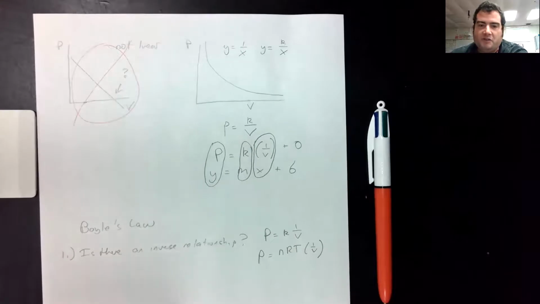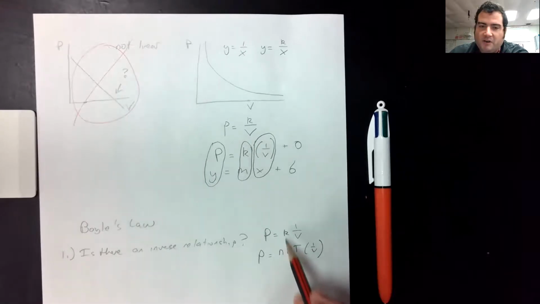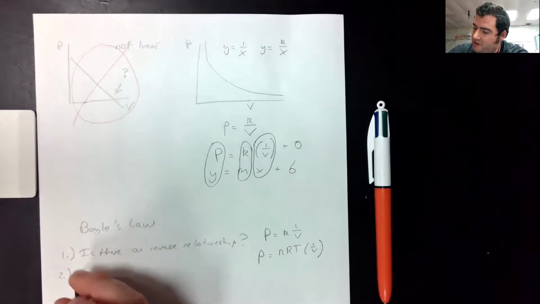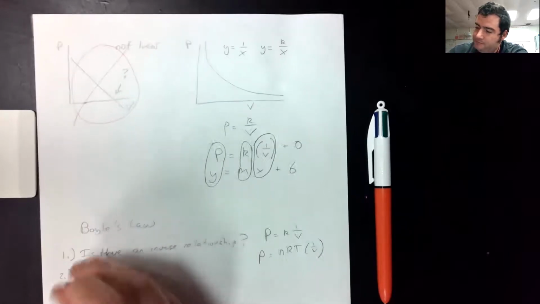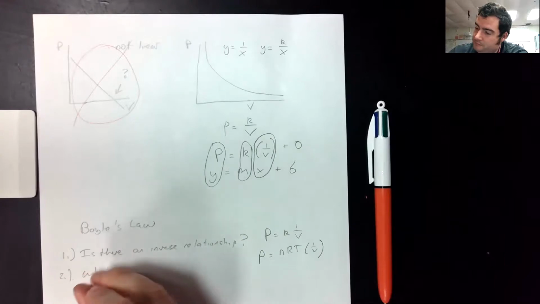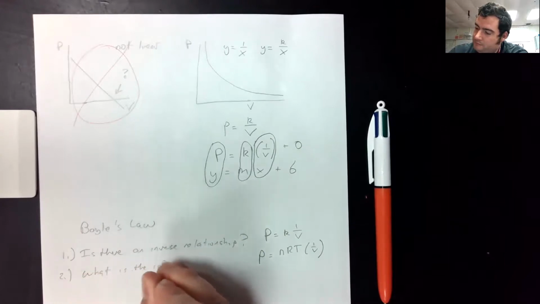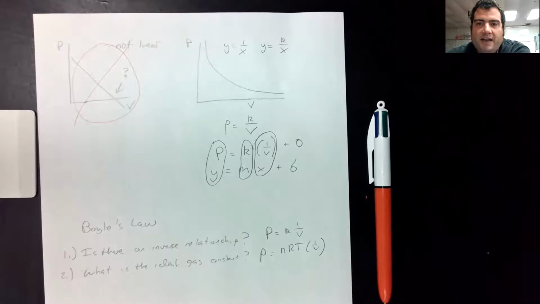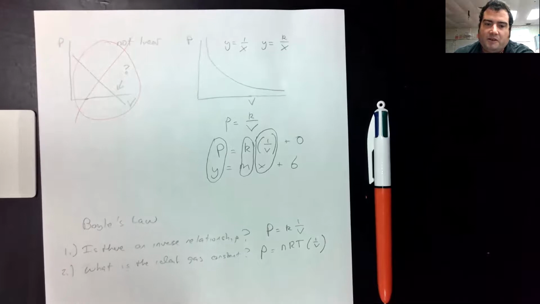That's just from the ideal gas equation. So this number K should actually be the amount of gas, the ideal gas constant, and the temperature. The other question I had for students is, what is the ideal gas constant? So I asked students in Zoom breakout rooms to try to design an experiment that could answer those two questions.